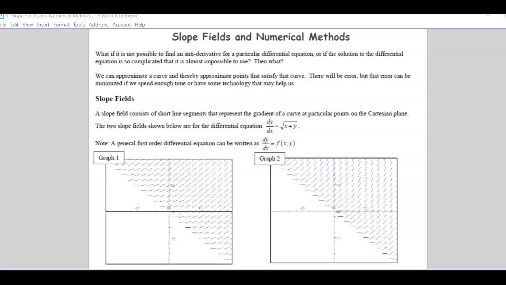So these graphs here have little lines. Those little lines represent the slope of a tangent at that particular point. So if you put in an x value and a y value, you find that point on your graph, and then these lines represent the slope.